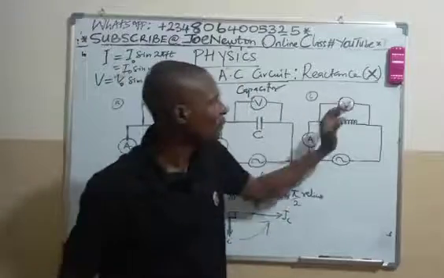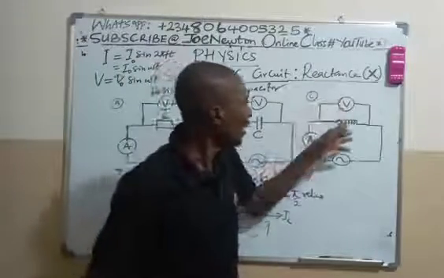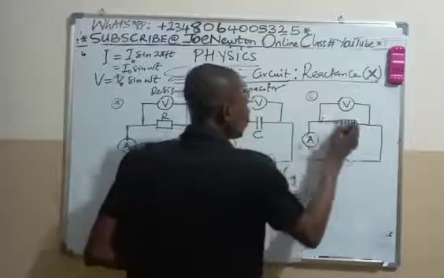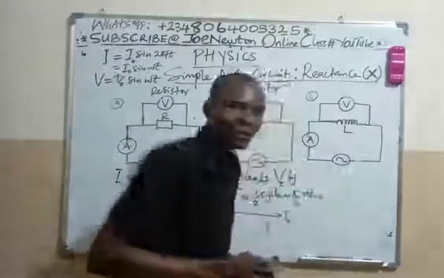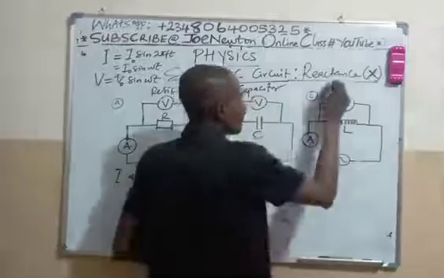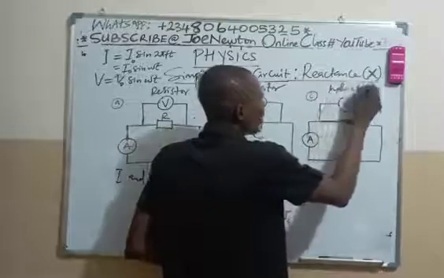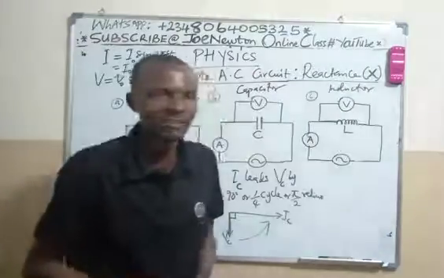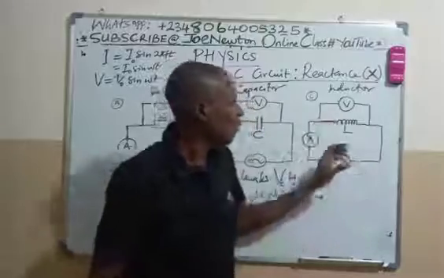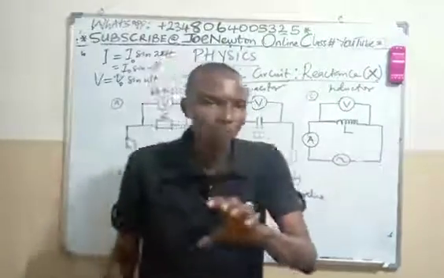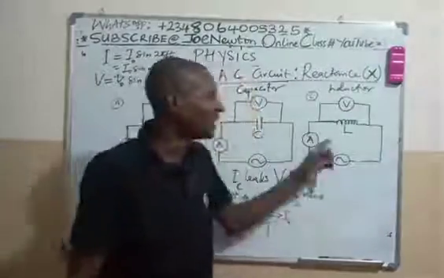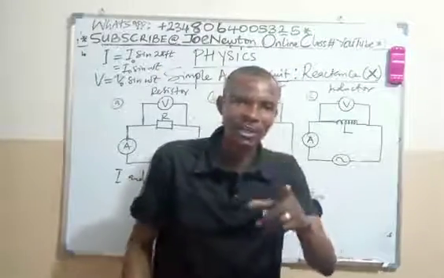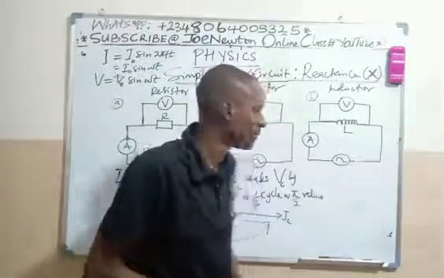Then, in the case of inductance, we use the letter L for inductor. When we have an inductor in an AC circuit, what happens there? The voltage leads the current.